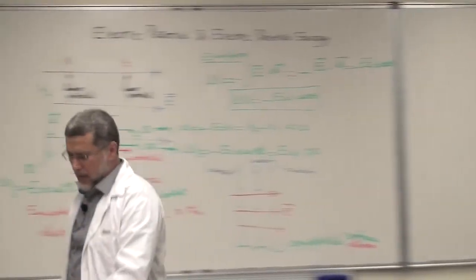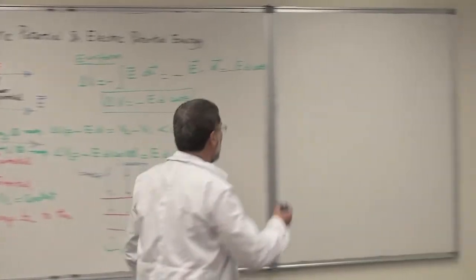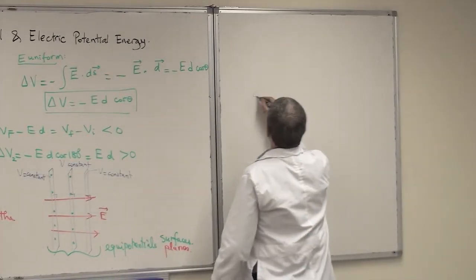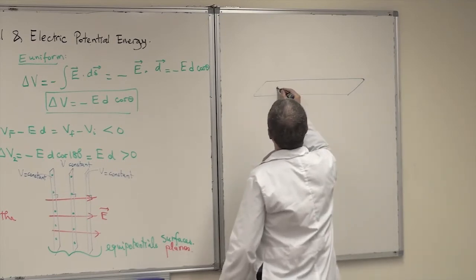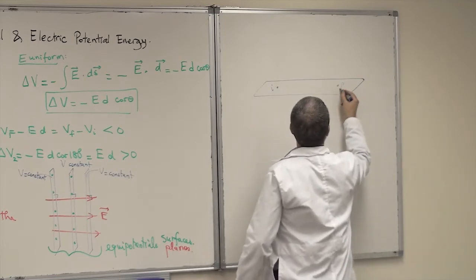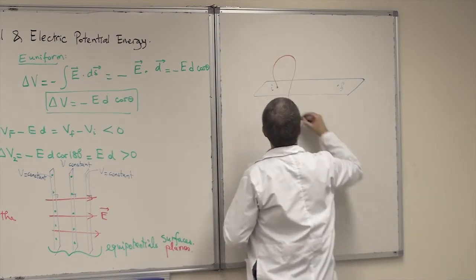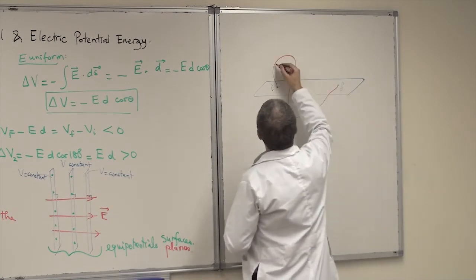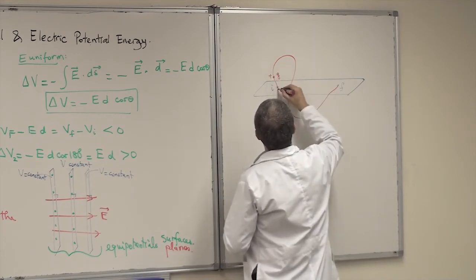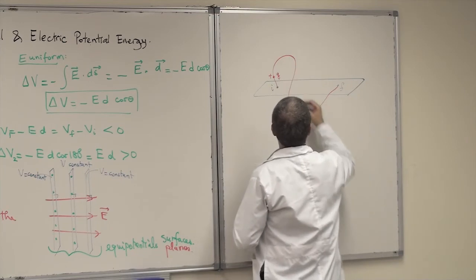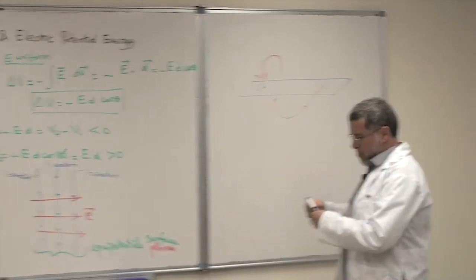If we take now an equipotential, let's take an equipotential and discuss. So this is my equipotential. Let me draw it like this. I start from here and I go here, and I'm going to move a charge Q, a positive charge, from here through this path, like this. This is the motion. So how much work?